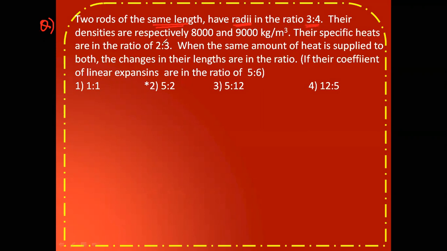Their densities are given as 800 and 900 kg per meter cube. Their specific heats are in the ratio 2:1. When the same amount of heat is supplied, here the key point is same amount of heat is supplied.